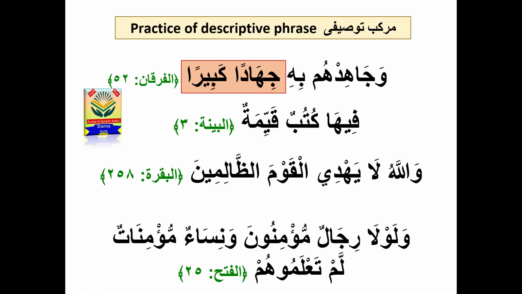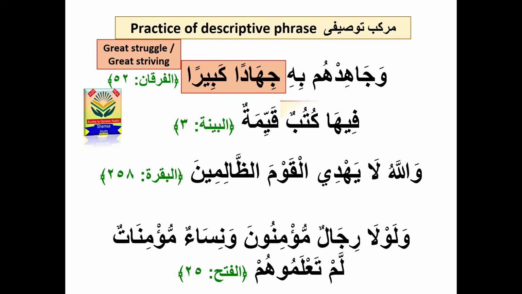Then after that, check whether you got the correct Murakab Tauseefi or not. So jihadan kabiran, here is the Murakab Tauseefi, and always know that the first part will be the mawsuf, and the second part will be the sifa. Okay, so jihadan kabiran is a descriptive phrase which means the great struggle or great striving.